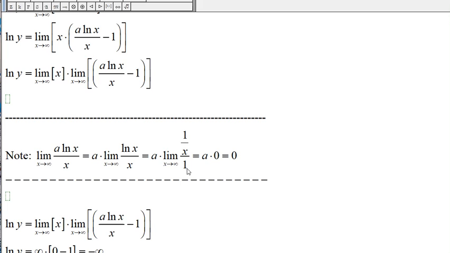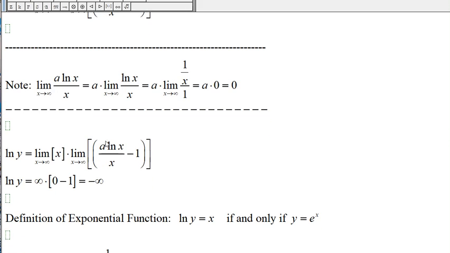Derivative of x is 1. As x approaches infinity, 1 over x approaches 0, so we get 0 divided by 1, which is 0. And then a times 0 is 0. And so the limit of a times ln x divided by x is equal to 0 as x approaches infinity.